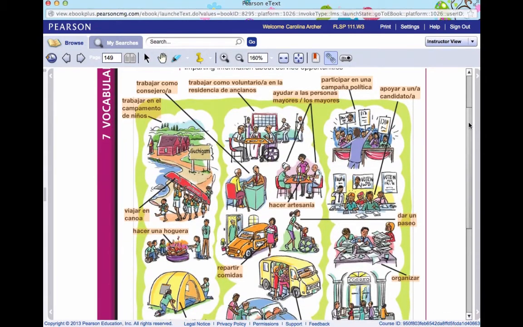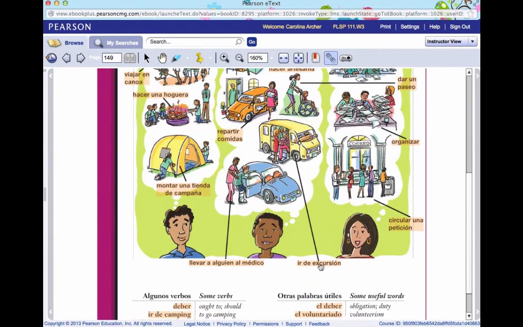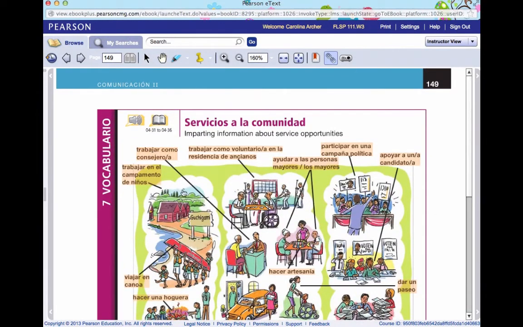And a lot of these words you already know. Some of them are cognates, and most of them are regular, except for dar in the yo form, and hacer in the yo form, and of course the verb ir is irregular. All the other ones are regular, okay? And most of them are AR verbs.